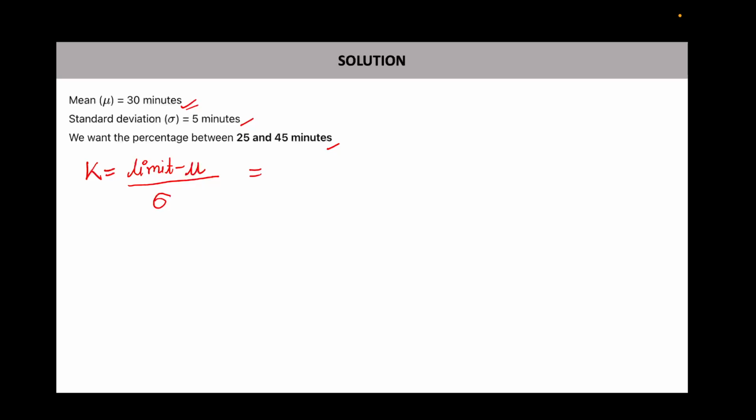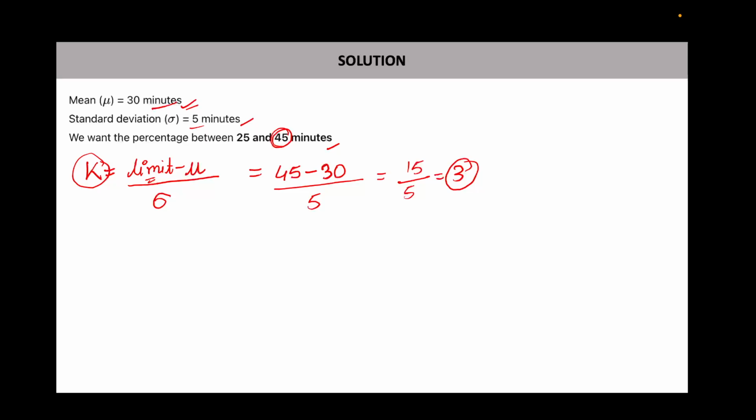If you put in all the values, your limit should be the highest limit, which is 45 minutes here. So it will be 45 minus 30, divided by the standard deviation, which is 5. If you calculate this, your answer will be 15 by 5, which is equal to 3. So you have a k value of 3 now.